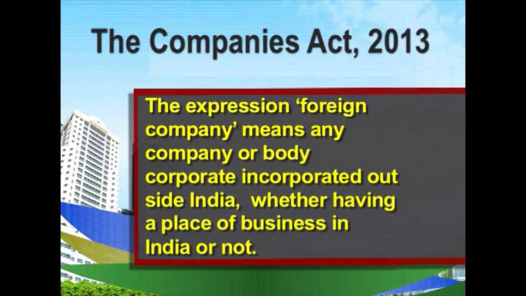The terms and conditions of such merger may provide for payment of consideration to the shareholders of merging company. The expression foreign company means any company or body corporate incorporated outside India, whether having a place of business in India or not.